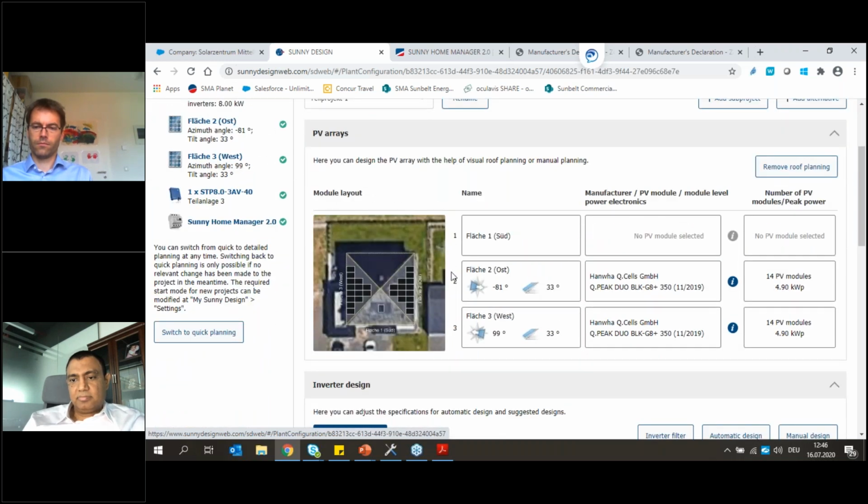So as you can see, this is the picture taken from Google Maps. They already have some kind of PV plant on their roof. It's for heating purposes actually, so it's thermal. So I said, okay, look, you do not have that much energy consumption throughout the year.